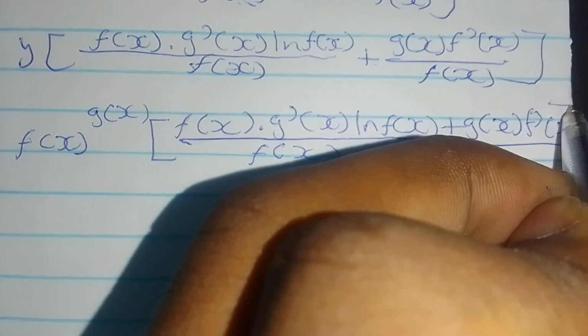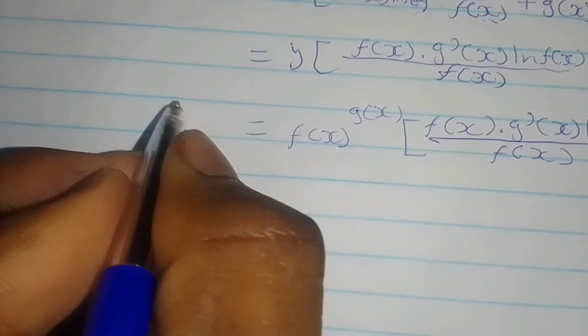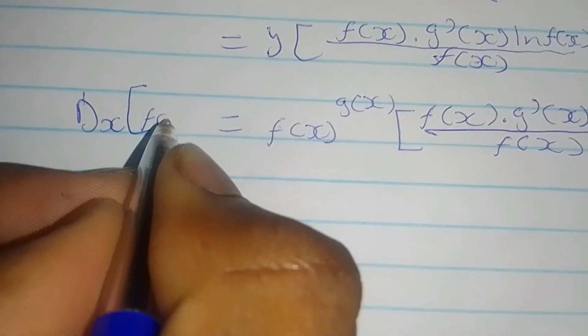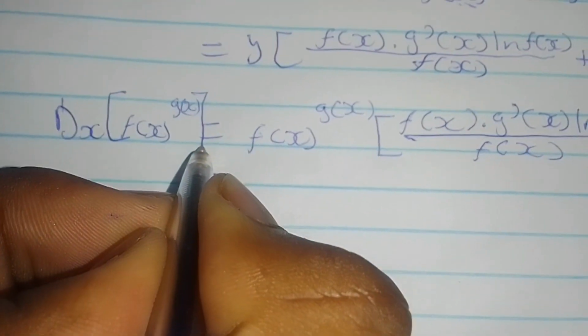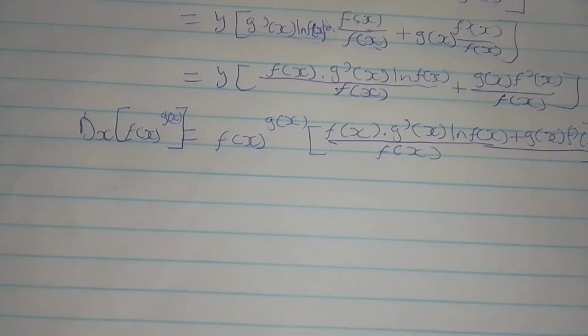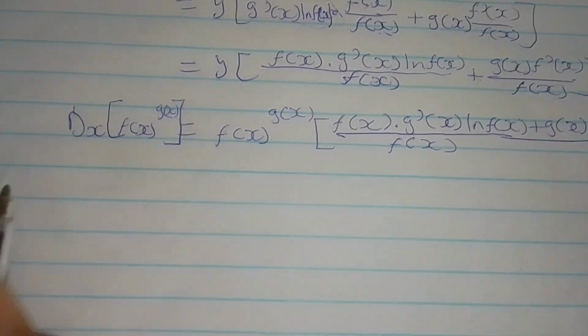Now you can close the bracket there. This is a formula you're going to use when you derive f of x to the power g of x. It's a formula you're going to use when you're deriving a function to the power of a function. Now, I know this formula is quite long.